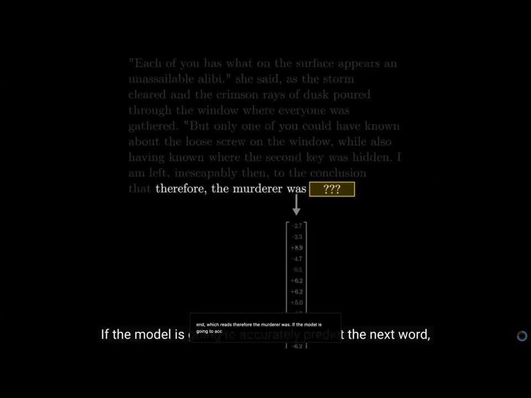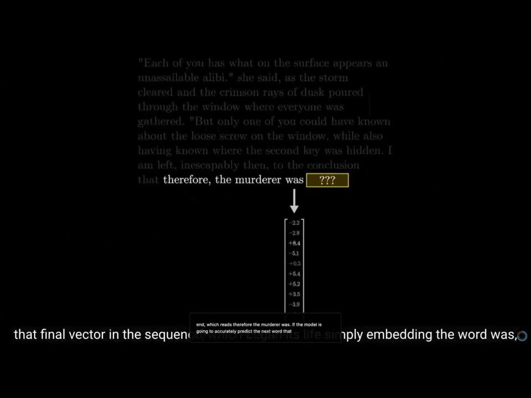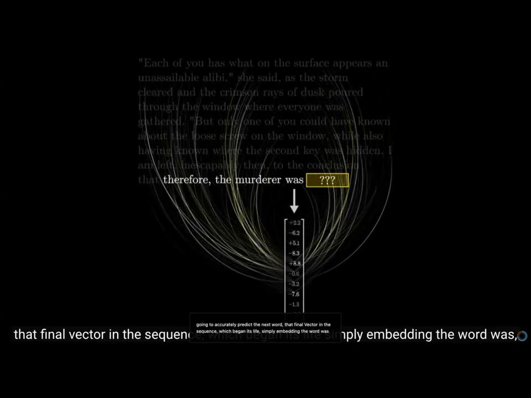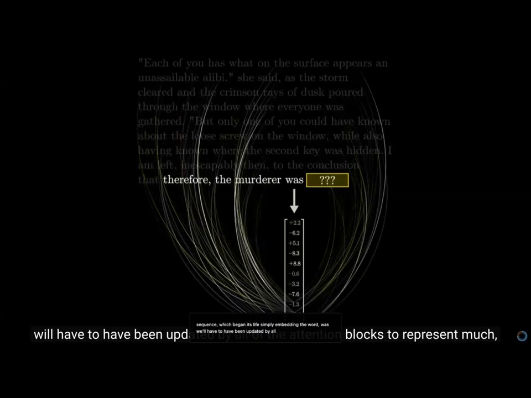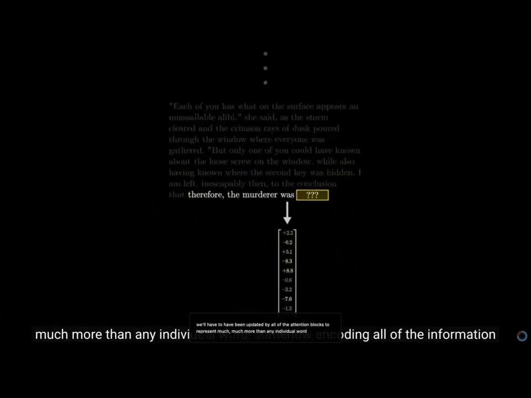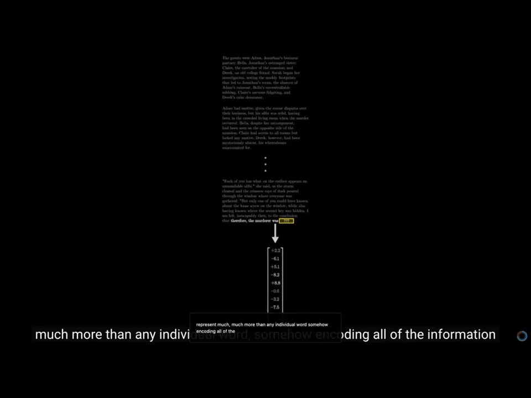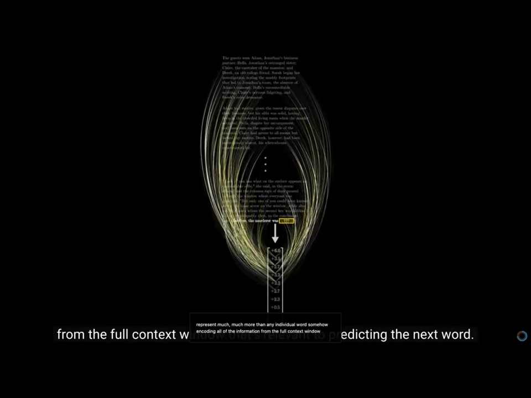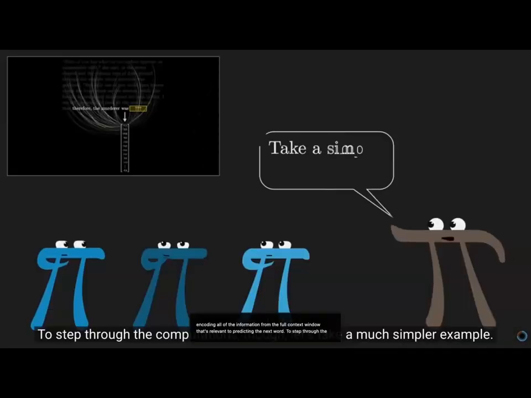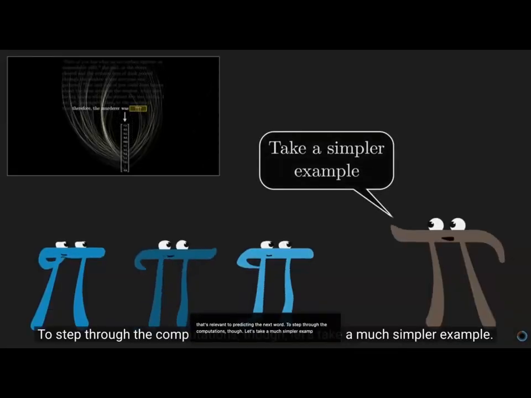If the model's going to accurately predict the next word, that final vector in the sequence, which began its life simply embedding the word "was," will have to have been updated by all of the attention blocks to represent much, much more than any individual word, somehow encoding all of the information from the full context window that's relevant to predicting the next word. To step through the computations, though, let's take a much simpler example.